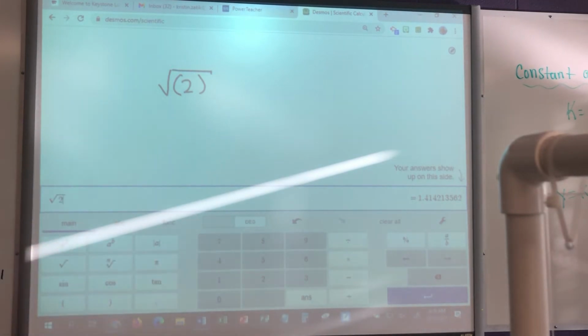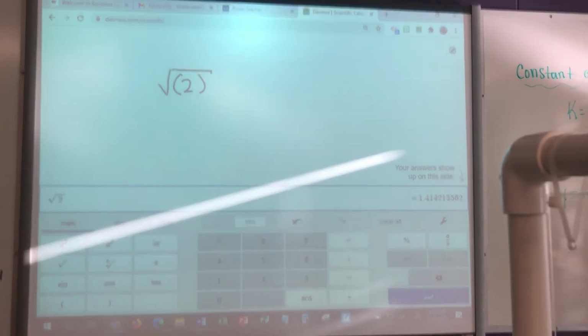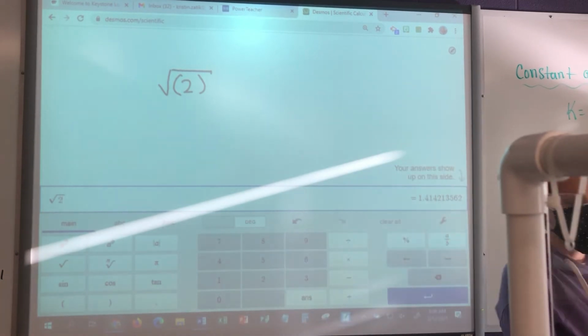Okay, do you see that value? What do you see here?